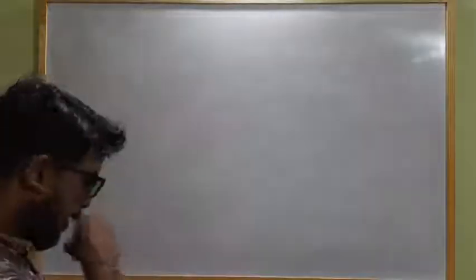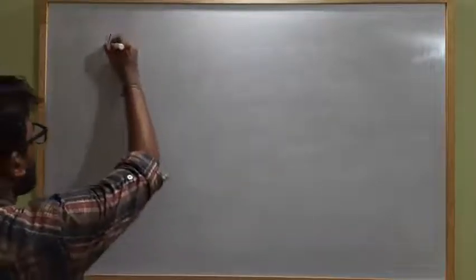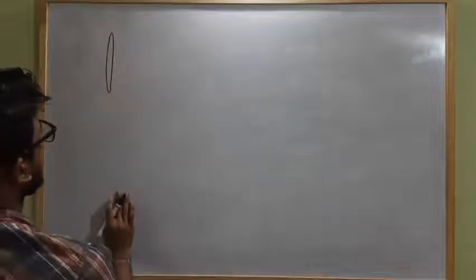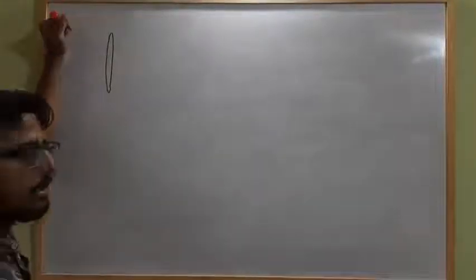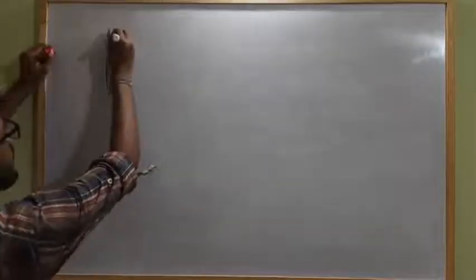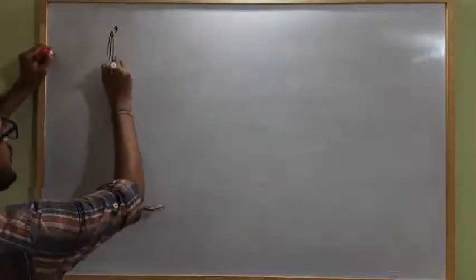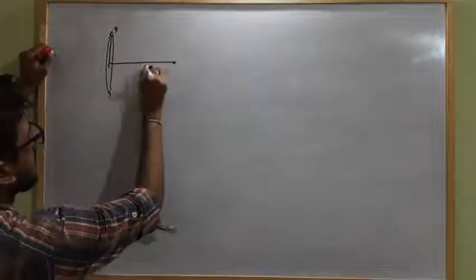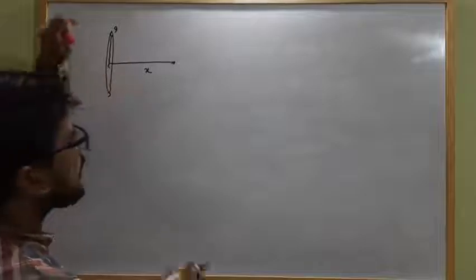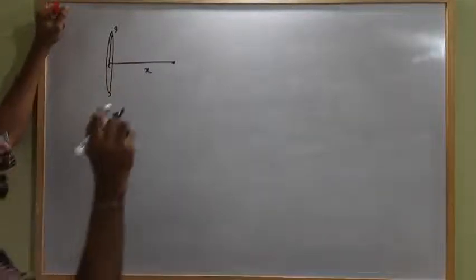So in the last lecture we already discussed that a current carrying circular coil, if a circular coil carries current I, radius R, at any axial point we already calculated the magnetic field strength, and we already discussed that a circular current carrying coil can behave as a magnetic dipole.